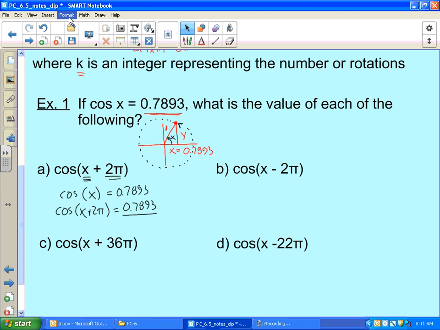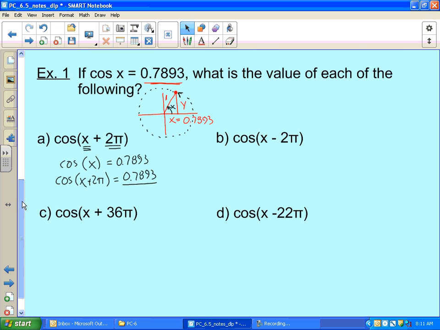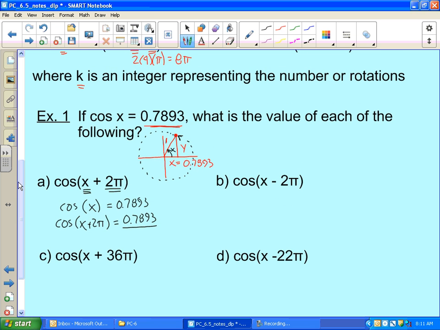All right, to illustrate this a little further, let's figure out, for this example here, what would have been the angle that produced that ratio? Well, if we did the inverse cosine in radians of 0.7893, that would tell us what this angle is. And it came out to 0.661 radians. There's my angle. And then now what we can do is add 2 pi to it.